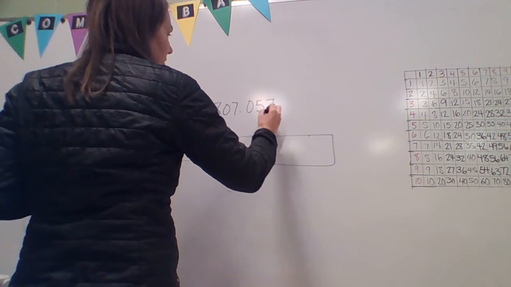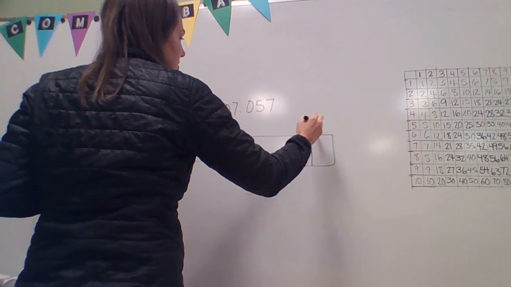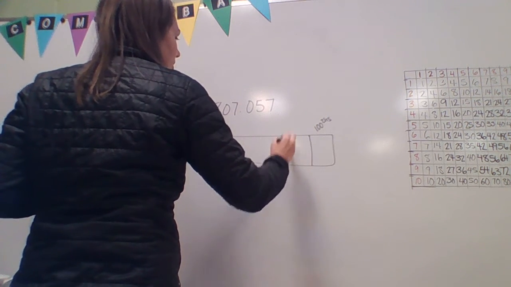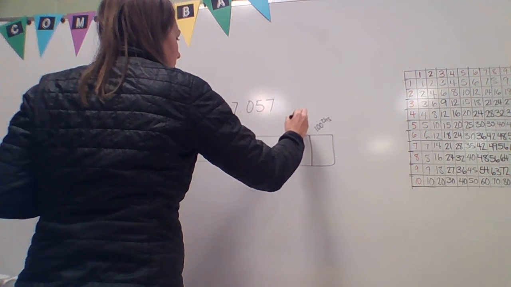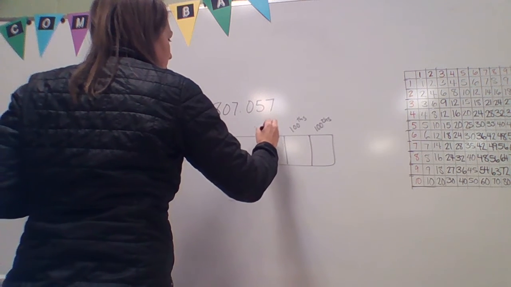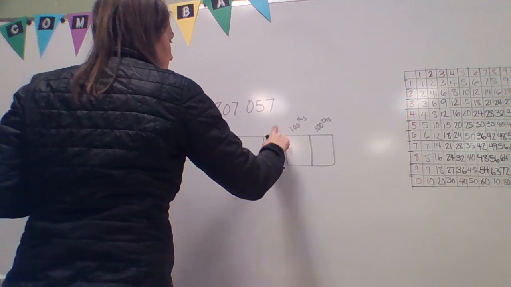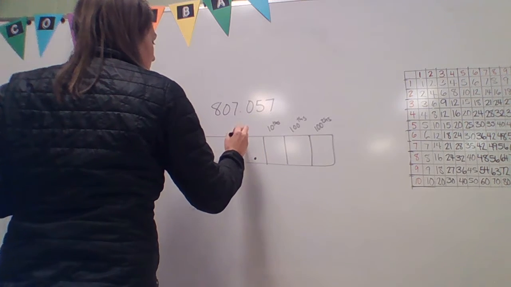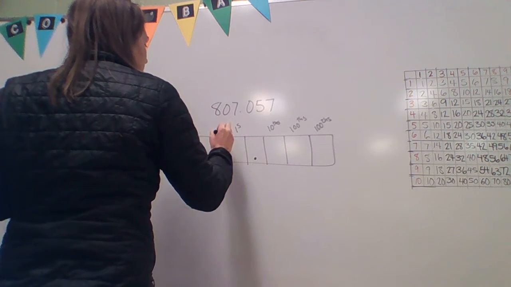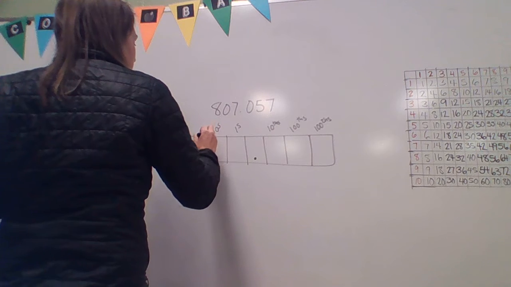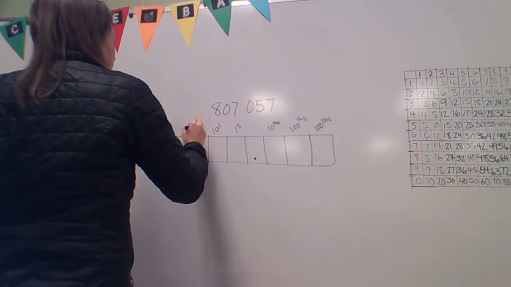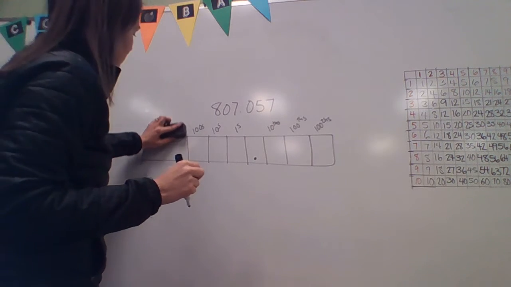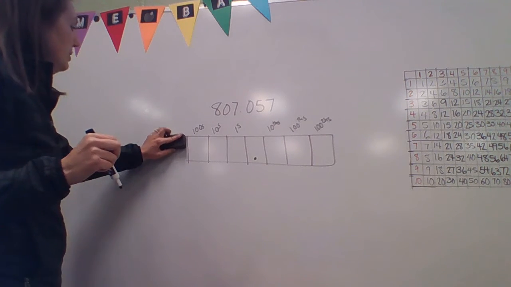I have thousands, and then I have 100, and then I have 10. And I have my decimal point. Then I have ones, tens, hundreds, thousands. But we're not going that high, so I'm going to go ahead and stop at hundreds, right?